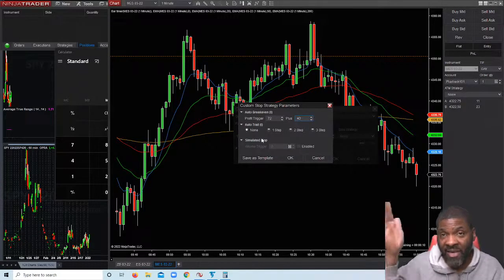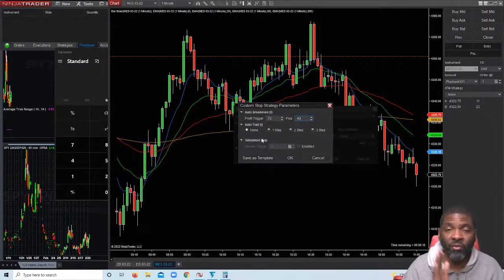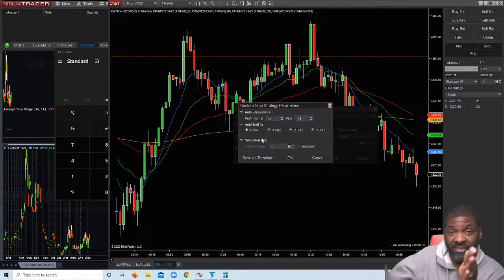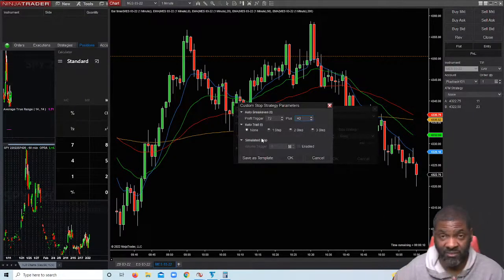I want to save 40 ticks. Don't get confused about the price you bought it at. However many ticks you want to save, that's what you put in the plus category. I'm just explaining it's the plus because it's the price I paid plus this amount of ticks. That's what the plus is for.